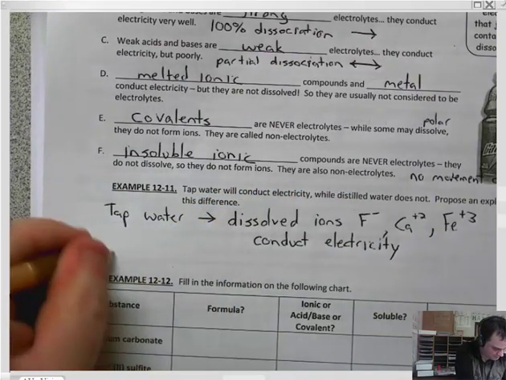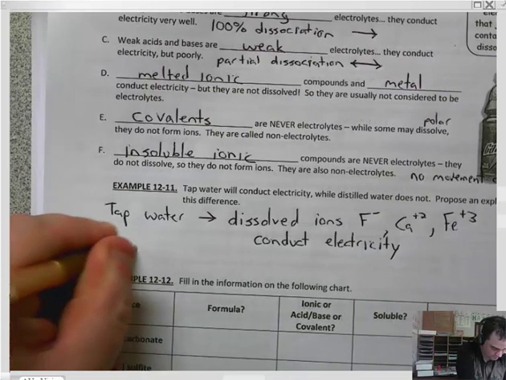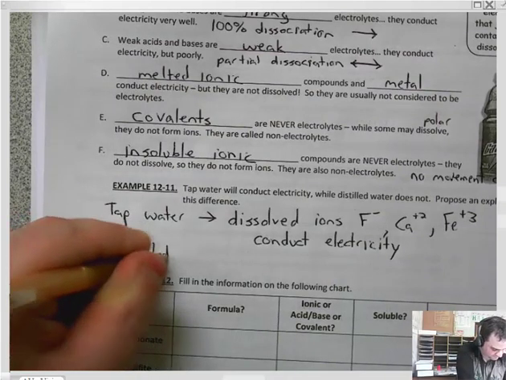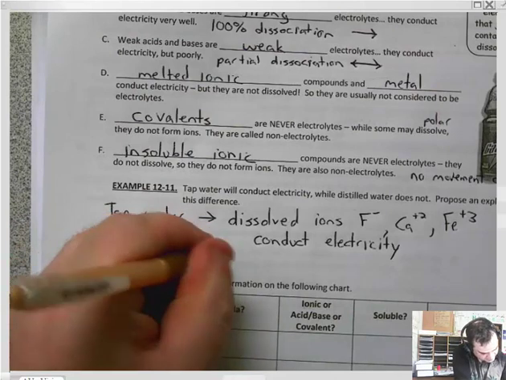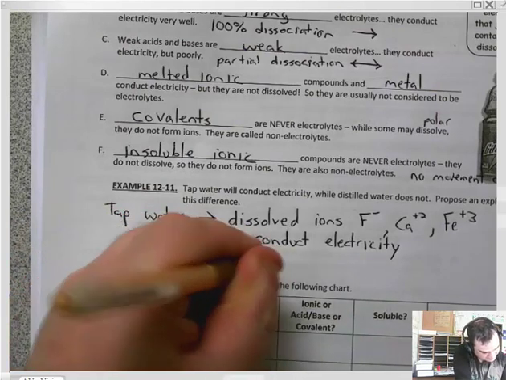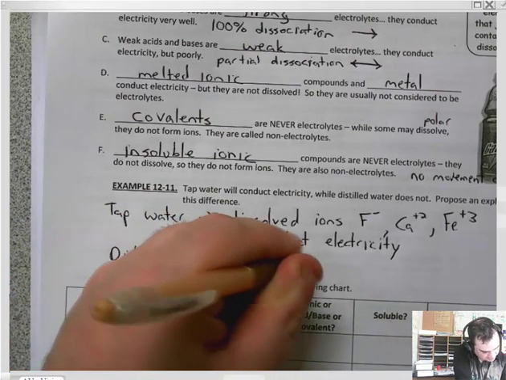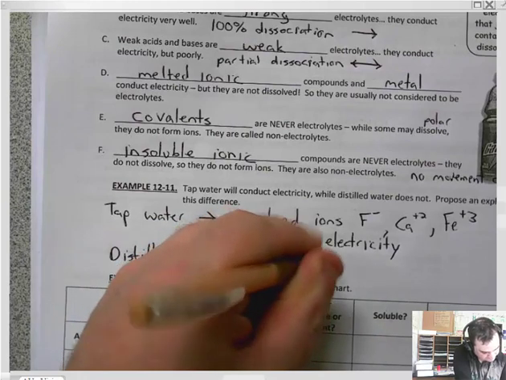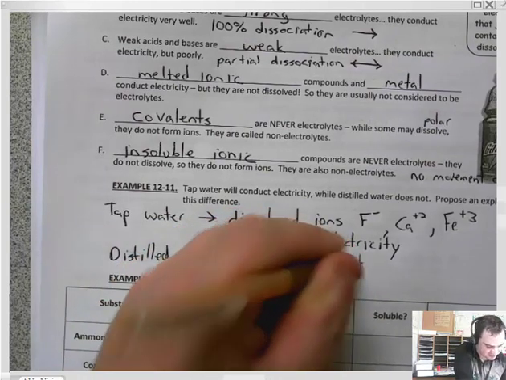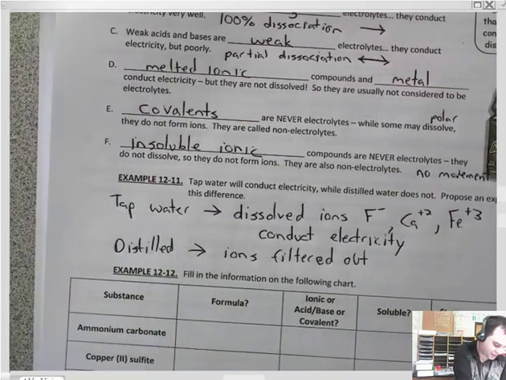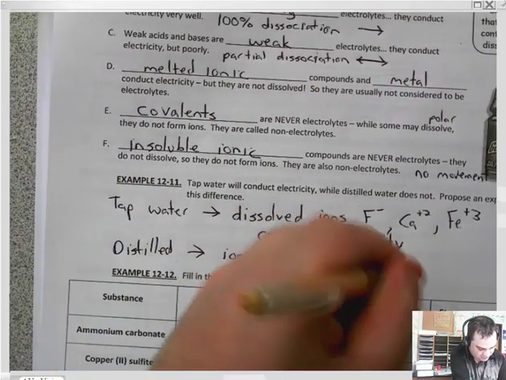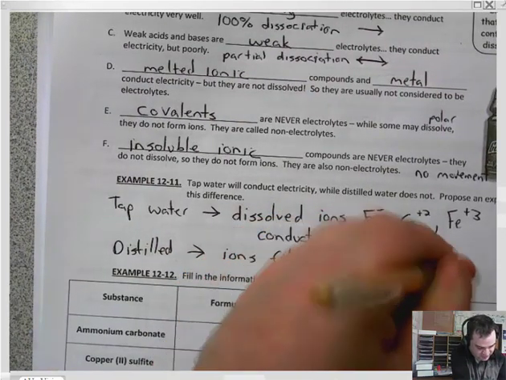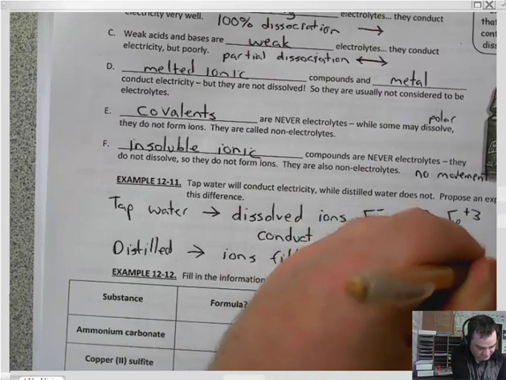Meanwhile, distilled water has these ions filtered out. They run it through big ion exchange columns and take out all the ions in the water, which means it doesn't conduct electricity.